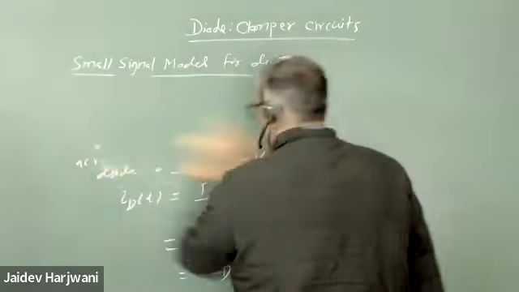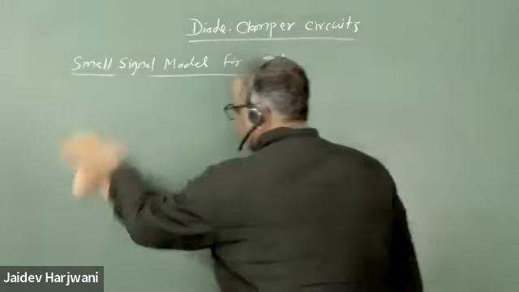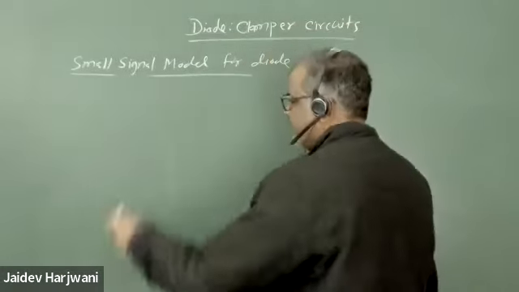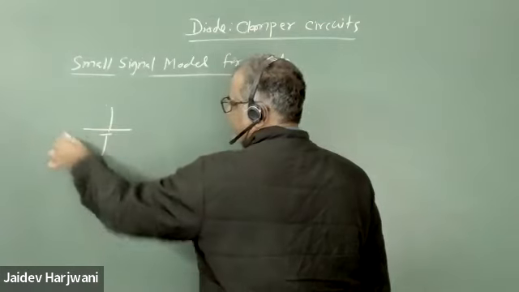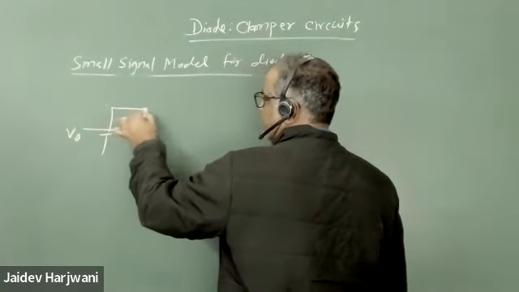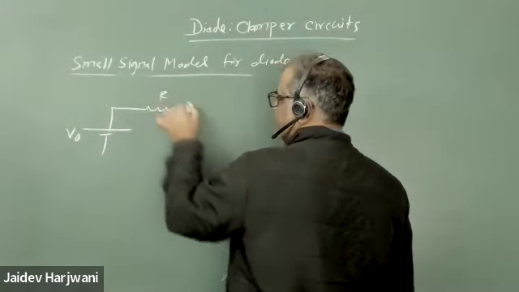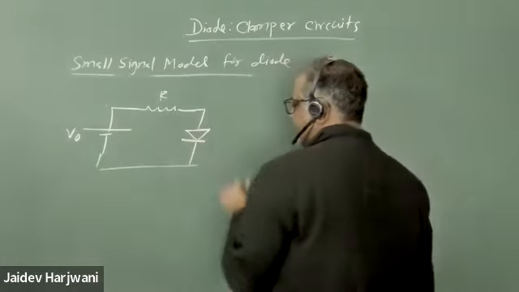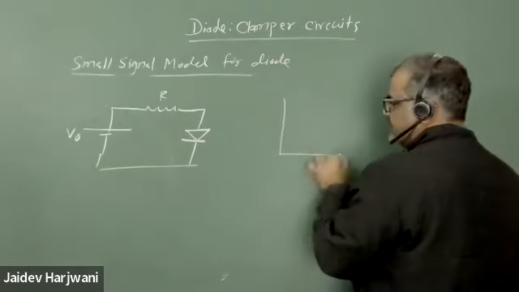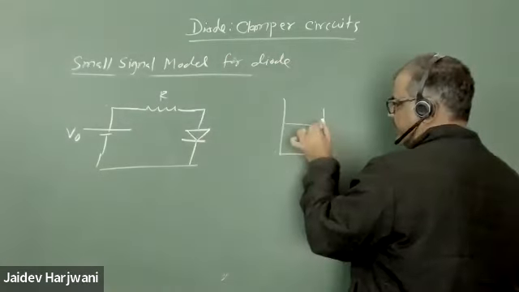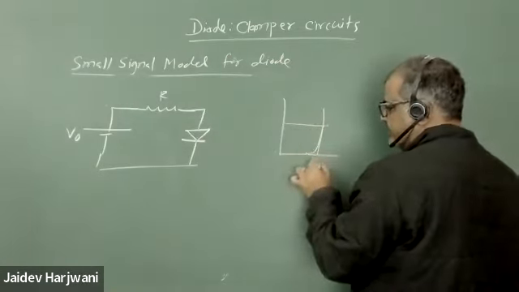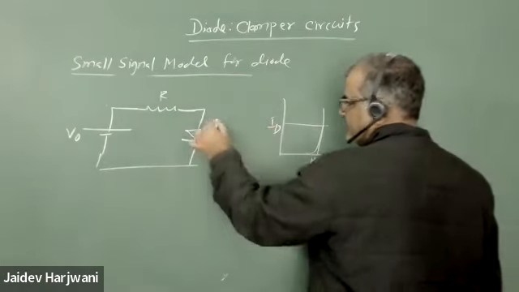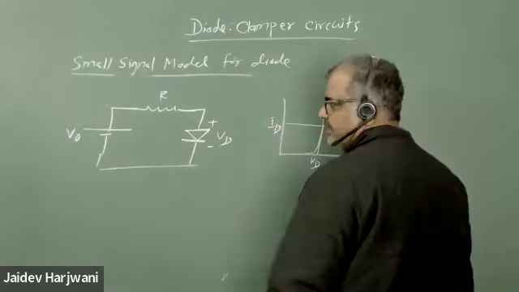You are not getting it. Okay, let me explain once again. See, you have this battery V naught, and you have a resistance R. Here you have a diode. So when I told you the DC resistance, this is my DC resistance, and the voltage here is VD, current is ID, so the voltage drop is capital VD.